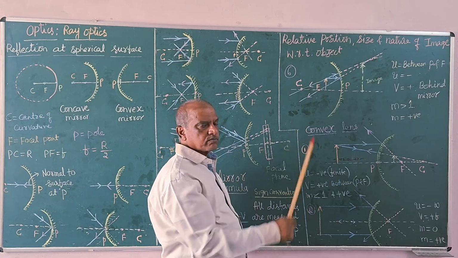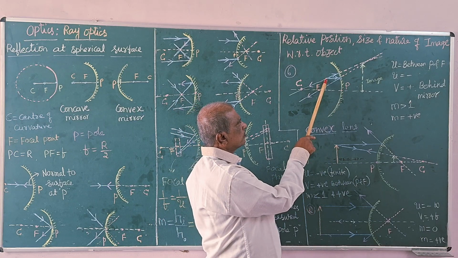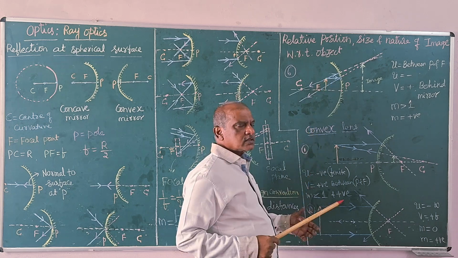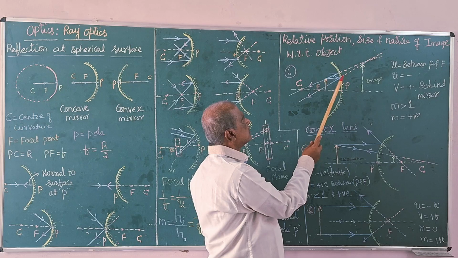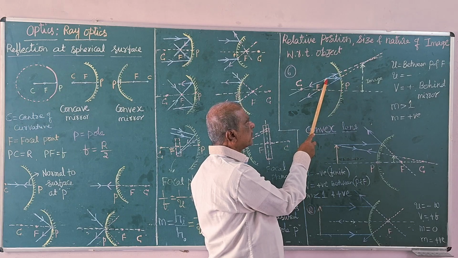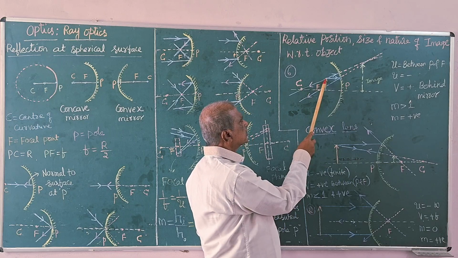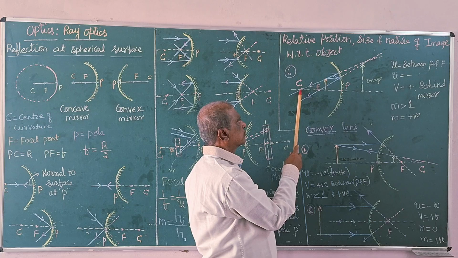Let me take a point on the tip of the object and consider any two incident rays. I am taking the incident ray from the tip in the direction through C, the center of curvature.